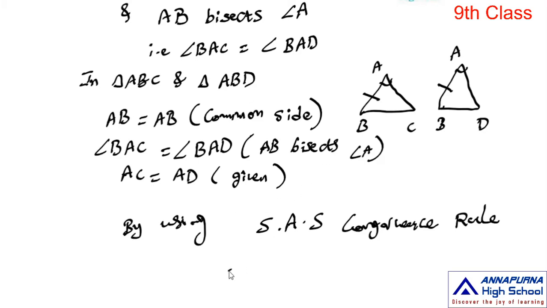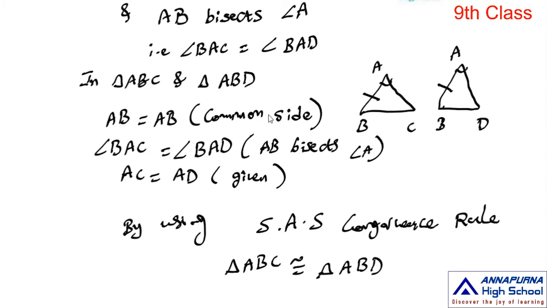So, triangle ABC is congruent to triangle ABD. Observe the two triangles. AB is equal to AB, the common side of two triangles ABC and ABD.